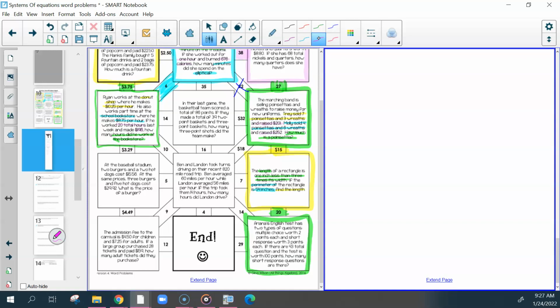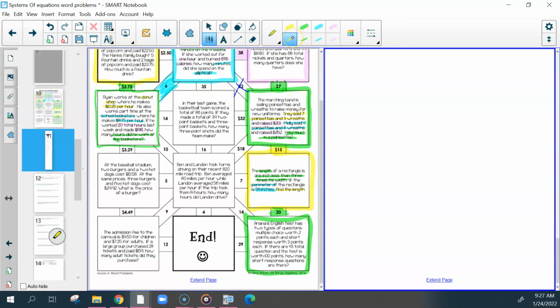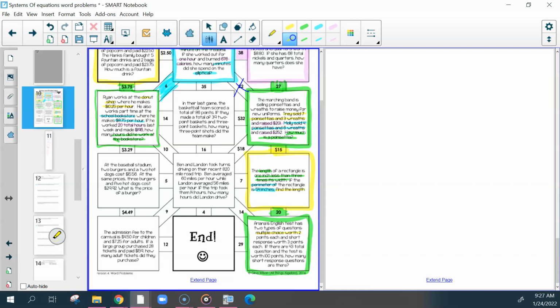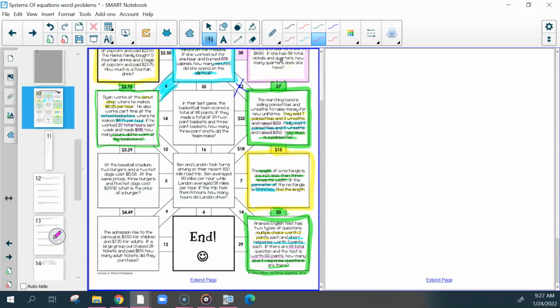Which way to put 2 points. And short response for 3 points each. A total of 43 questions on the test. The test is 100 points. How many short response questions are there? Okay. And we are going to solve this one by graphing.